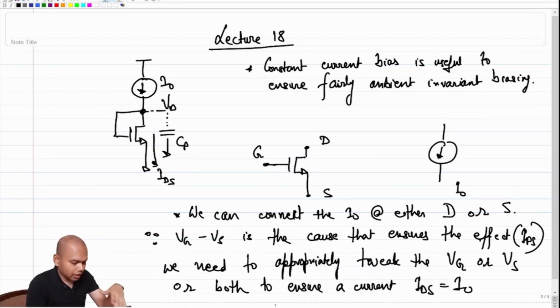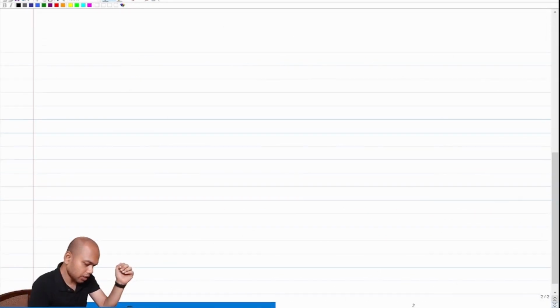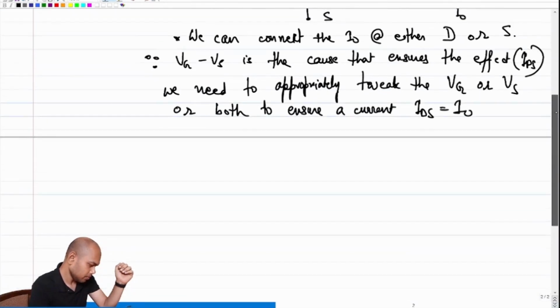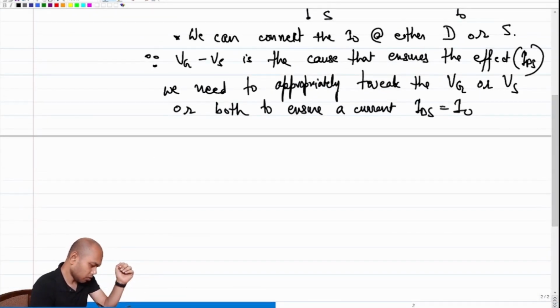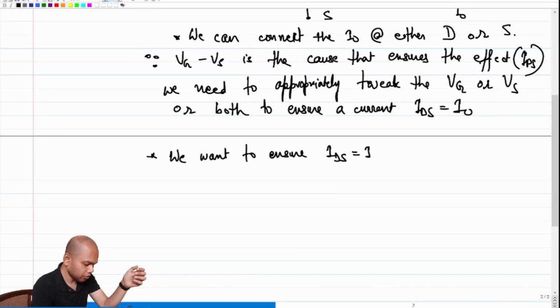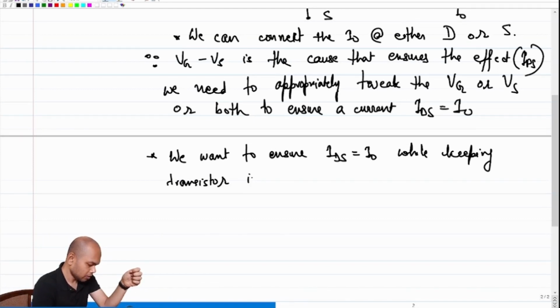So the whole context is, why do we want to do this? We want to ensure IDS is equal to I naught while keeping the transistor in saturation.